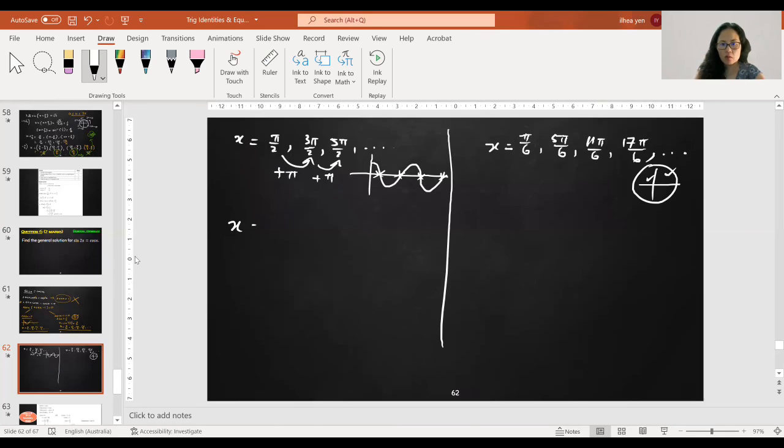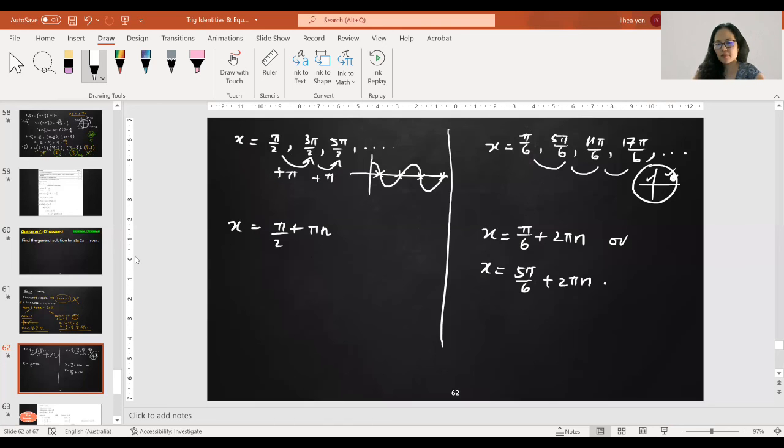So my solution would be pi on 2 plus pi n, or n pi. It goes up by pi. And here, we can't really see the pattern happening. It's going up by 2 pi. Pi on 6 plus 2 pi n for the first quadrant, or for the second quadrant, I have to go 5 pi on 6 plus 2 pi n.